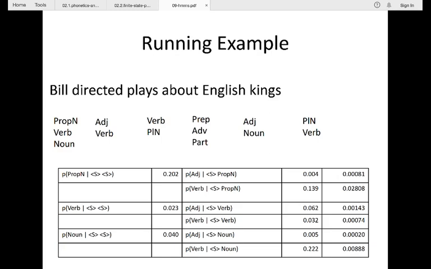So by the way, what does this look like? We're stating these probabilities purely in terms of the tag, just there being a proper noun. So in other words, what kind of probabilities are we stating?